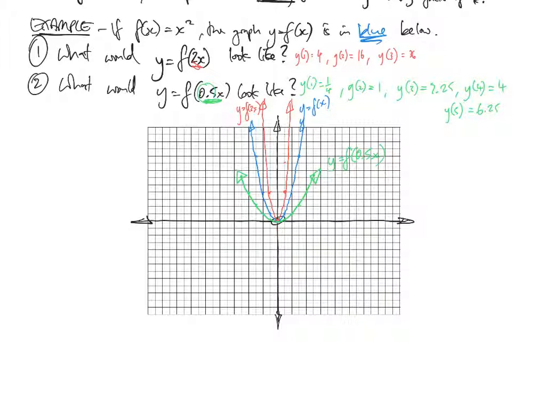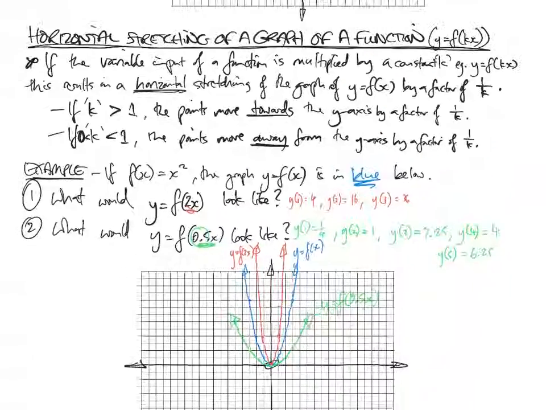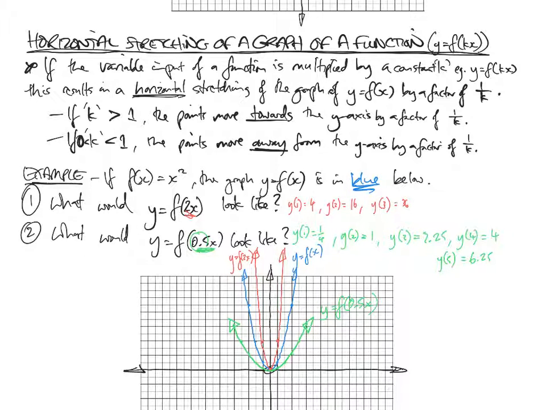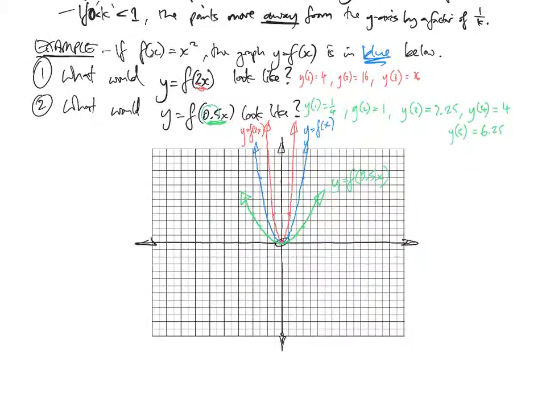So at x is equal to 2, all of these points are twice as far away from the y-axis as they were in the original blue graph. Alright, so that's just confirming the rule that's given here, that if k is between 0 and 1, the points all move away from the y-axis by a factor of 1 on k.